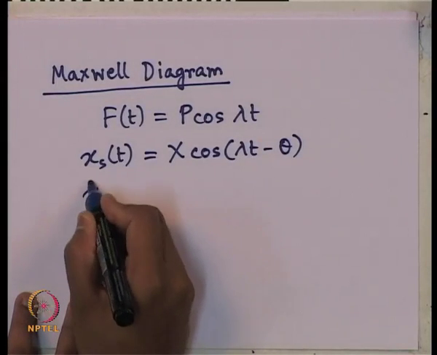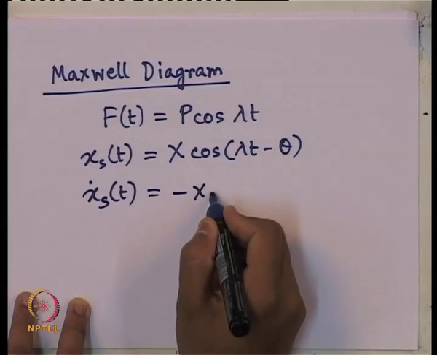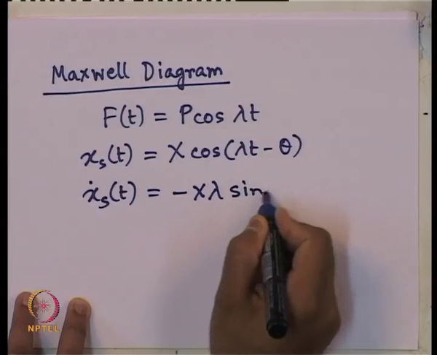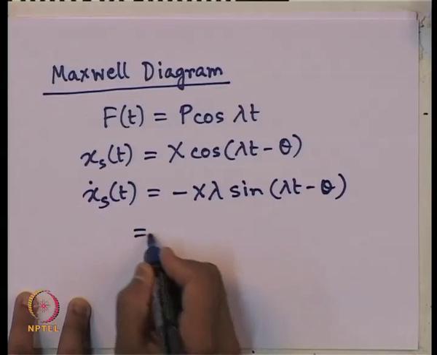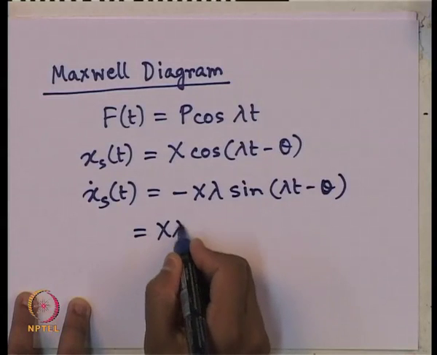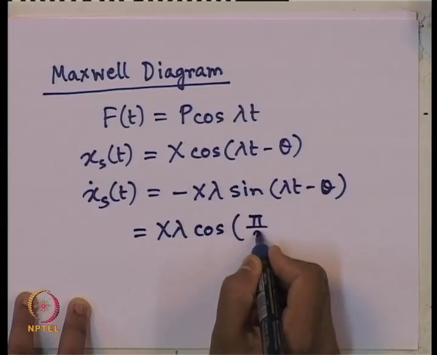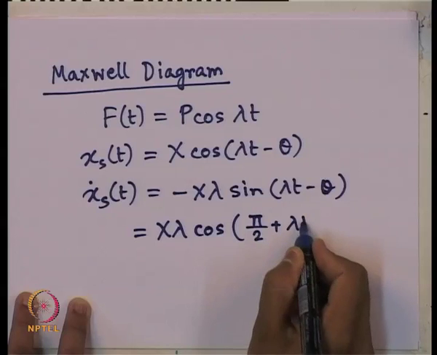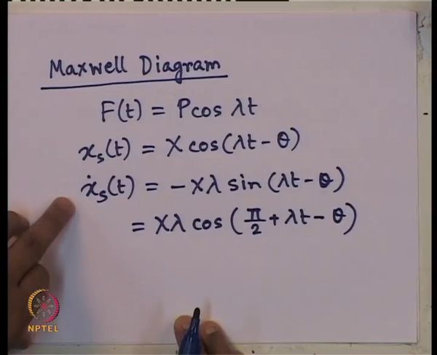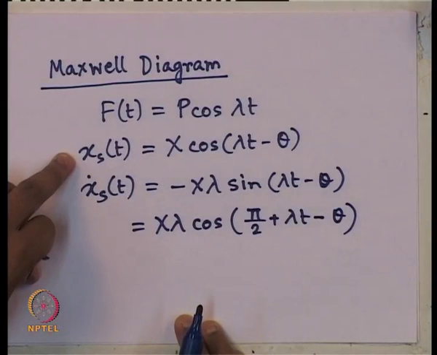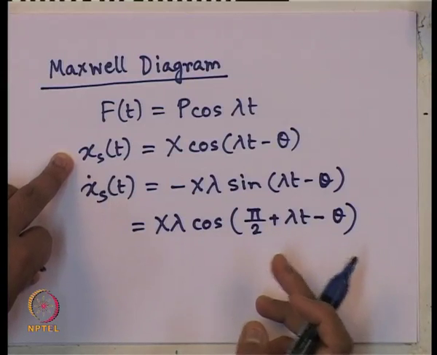So, the velocity is nothing but minus x lambda sine of lambda t minus theta, which we can write as x lambda cosine of pi by 2 plus lambda t minus theta. So, that means the velocity is in phase with the displacement with 90 degree, which is known to us.